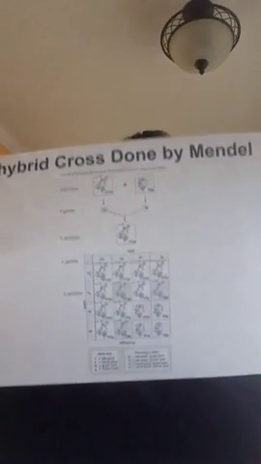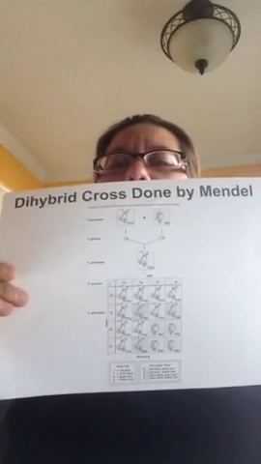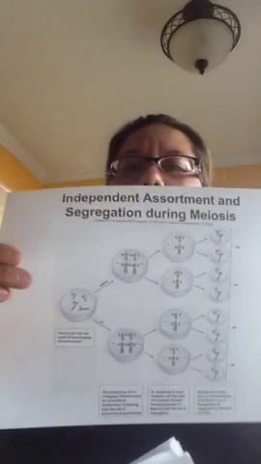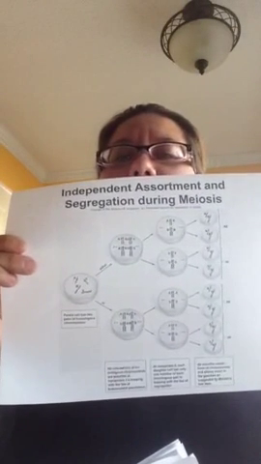So this is the dihybrid, and this is showing you what happens during meiosis. And he made the Punnett square, which is a table listing all possible genotypes resulting from a cross.